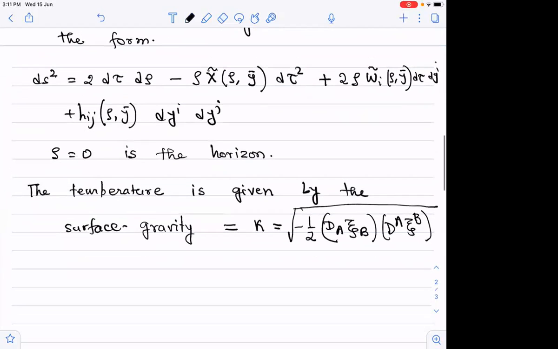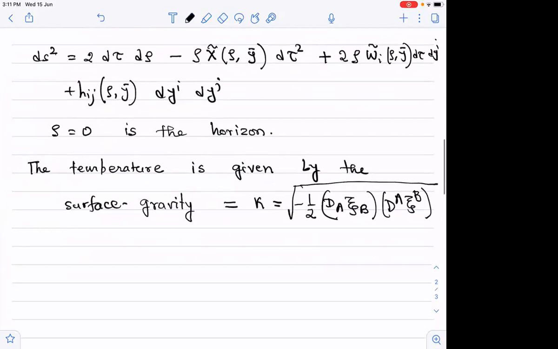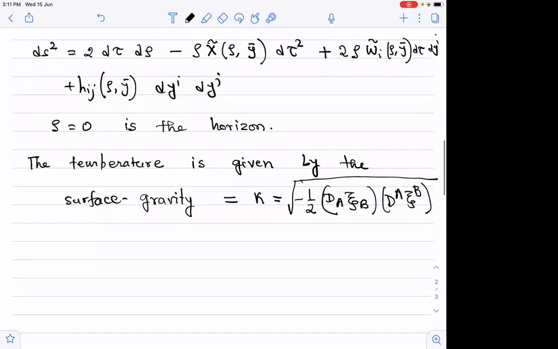This temperature is the temperature that appears in the first law in a generic situation. If I evaluate this kappa on this metric, in which any black hole could be written, kappa will turn out to be half x tilde at rho equal to 0.